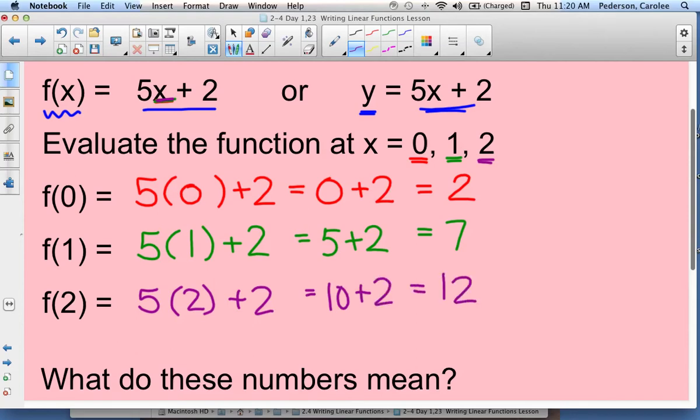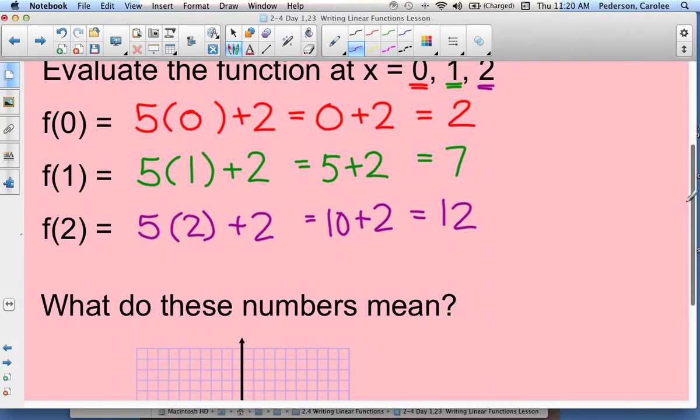What these red, green, and purple things represent, they will be ordered pairs on our coordinate plane. This ordered pair is going to be what you substituted in, 0, that's your domain, and what you get out is your range, which is 2. So there's our first ordered pair.